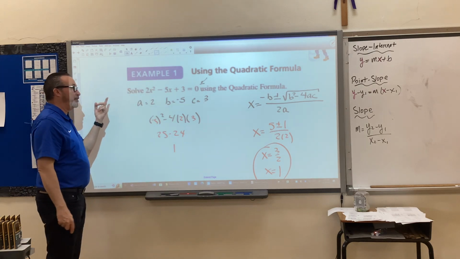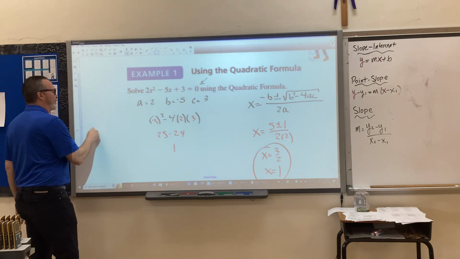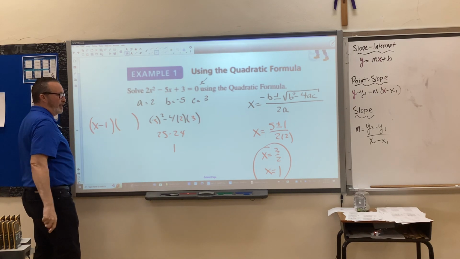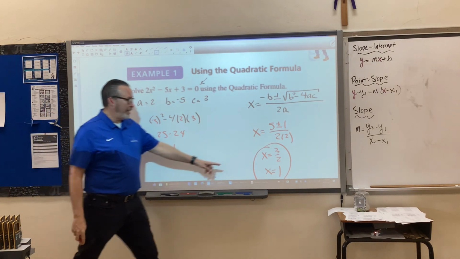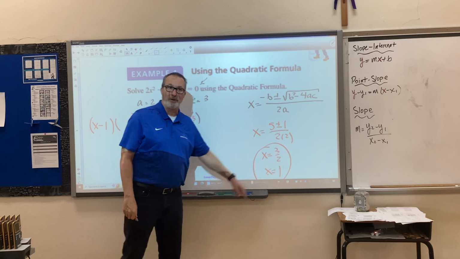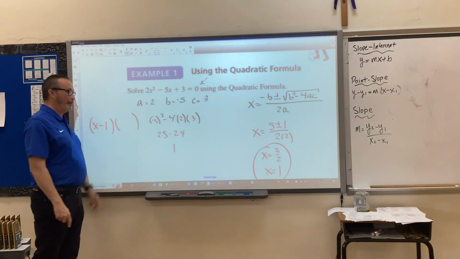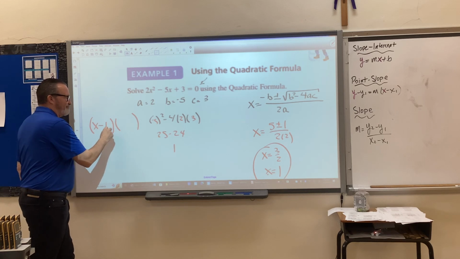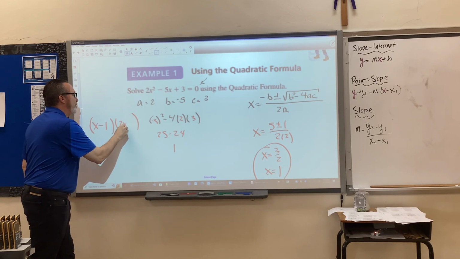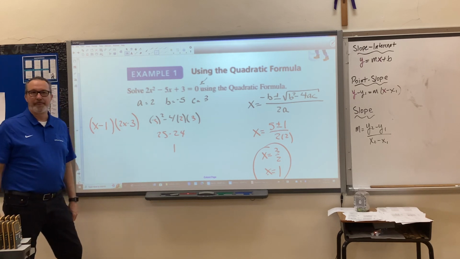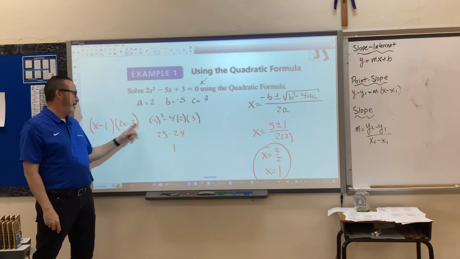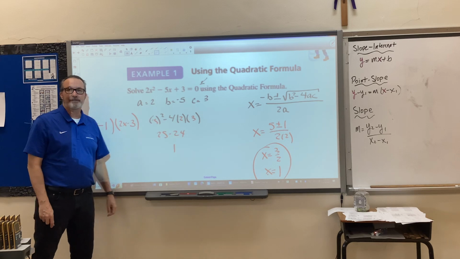If I needed to factor that, easy, I'm looking at the answers. I know one of the factors is x minus 1, because if x is a value that makes it 0, x minus 1 has to be one of the factors. And then I know the other one is 2x minus 3, because if I add 3 and divide by 2, I get 3 halves.